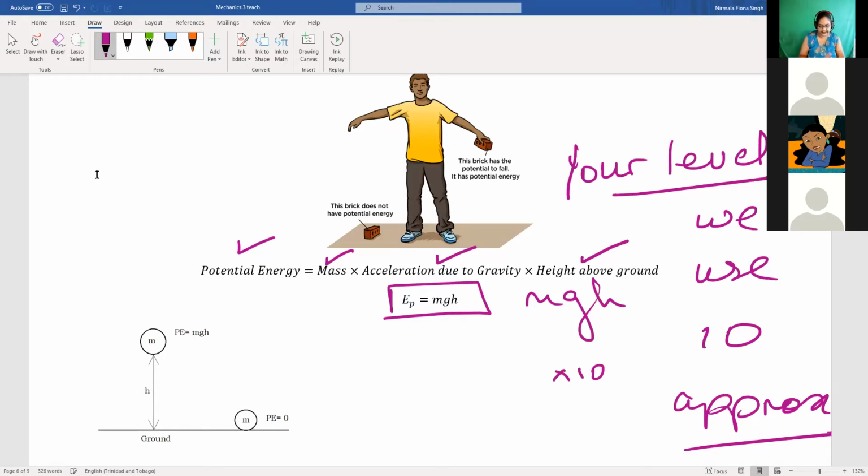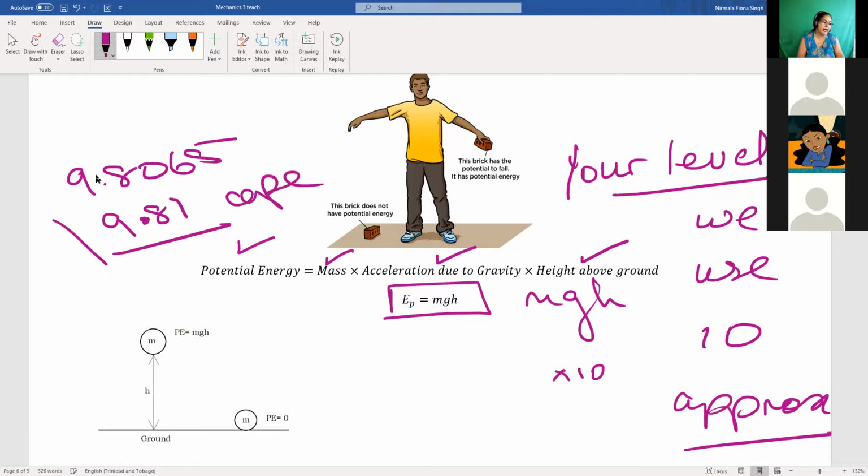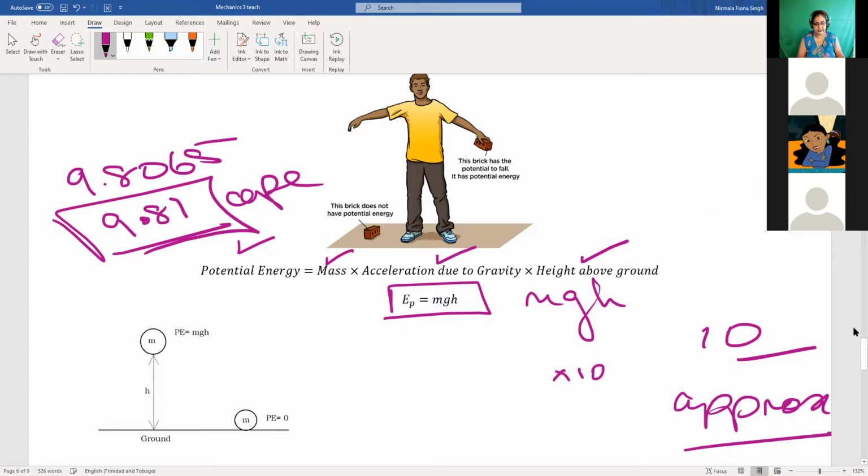But the actual value of gravity, which is the average value calculated around the planet, is 9.8065 something, or 9.81. At CAPE level, you all have to use this value. But for CSEC, let's make life easy. We round this up to 10. So at your level, you use 10 unless otherwise instructed. So 9.81 is correct. 10 is correct.